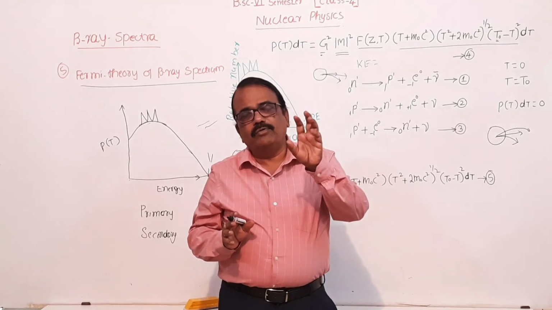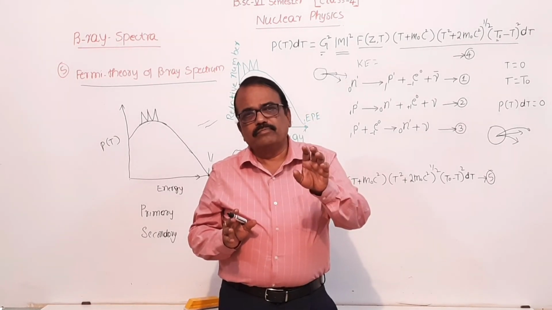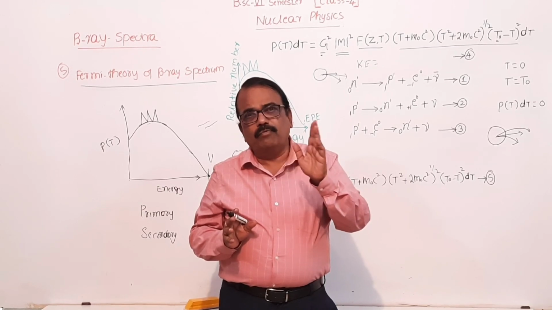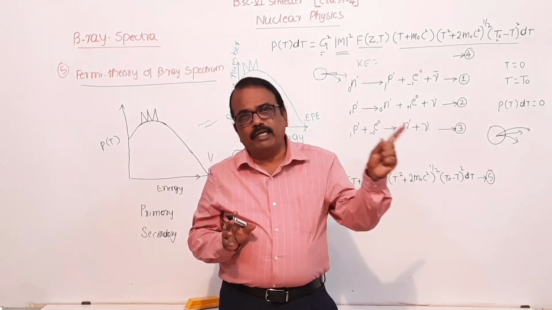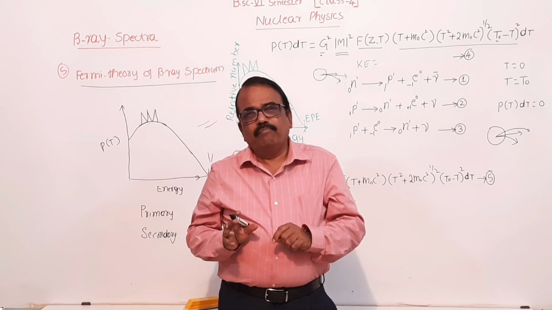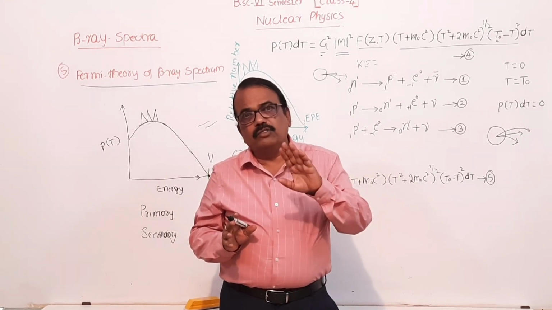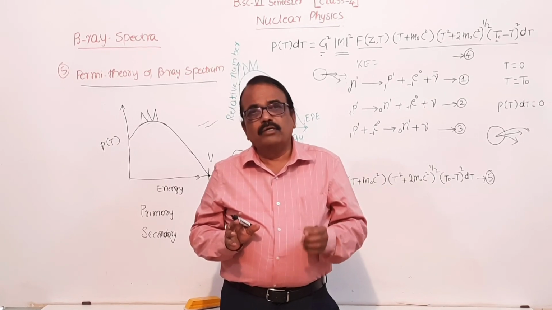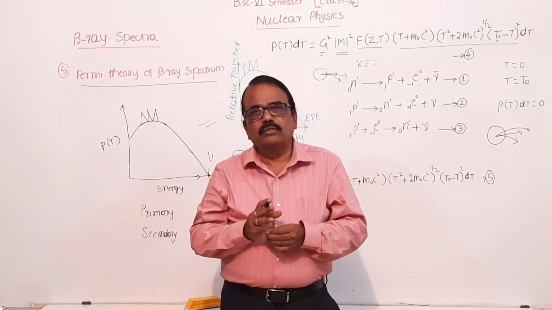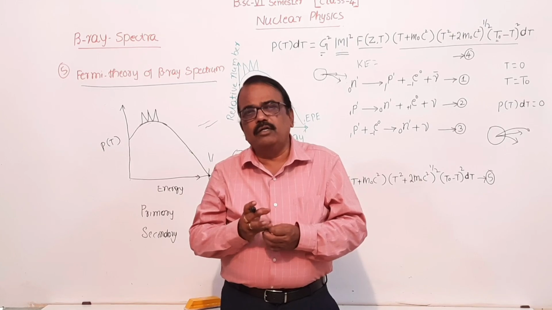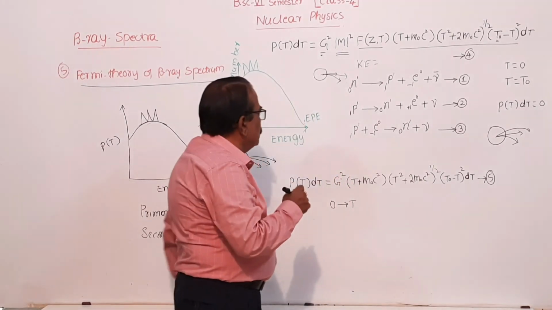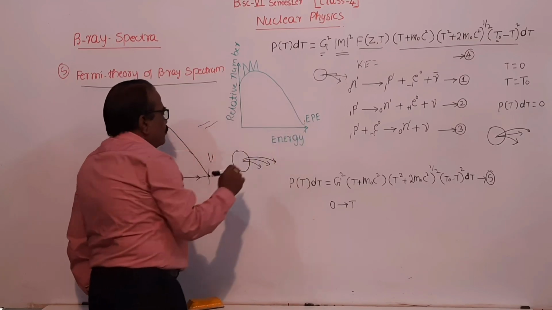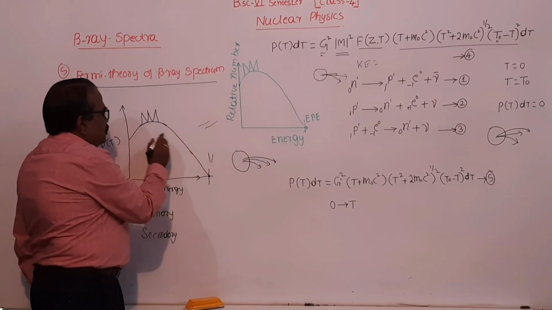Certain radioactive elements emit beta particles of variable velocity ranging from 0 to maximum. Therefore, their kinetic energy also changes from 0 to maximum. Such electrons give the continuous emission spectrum.